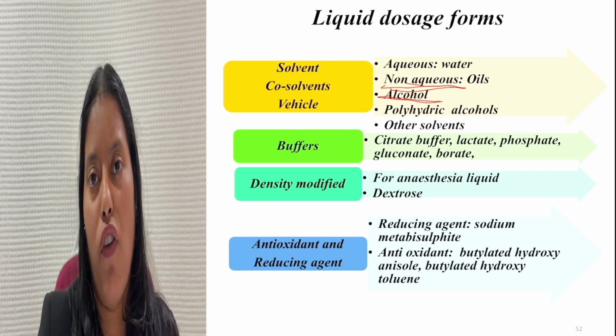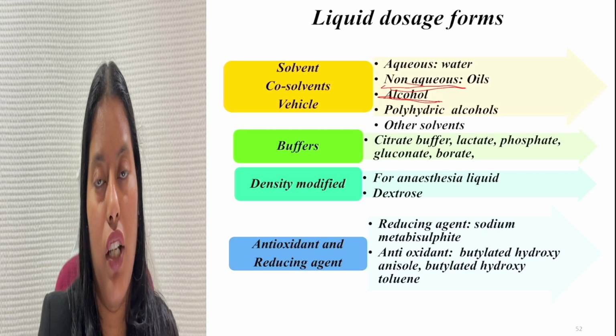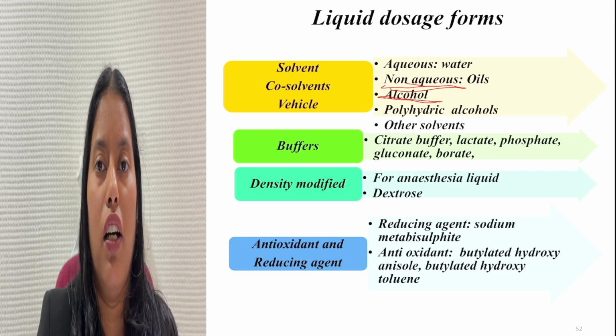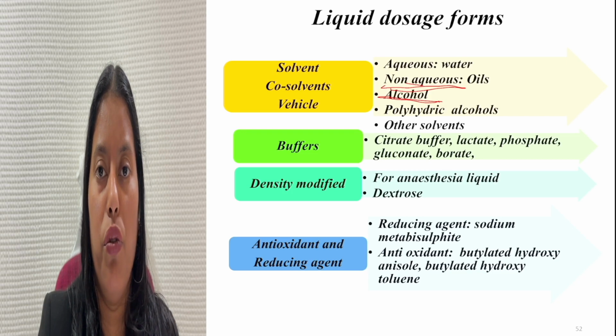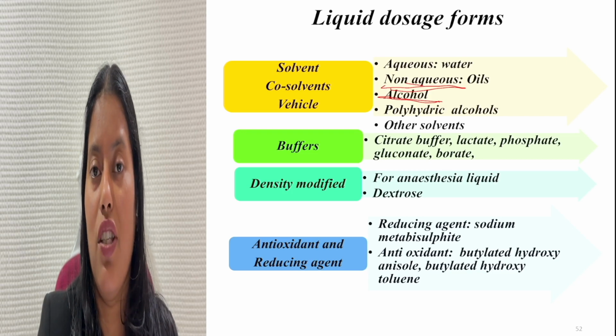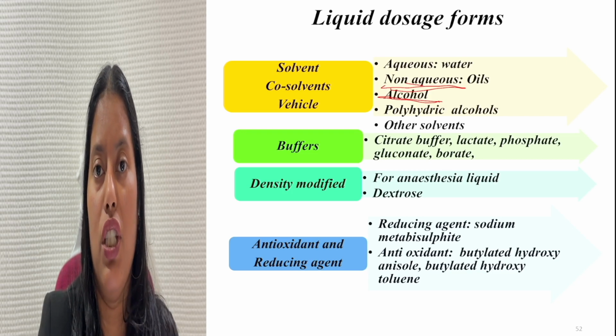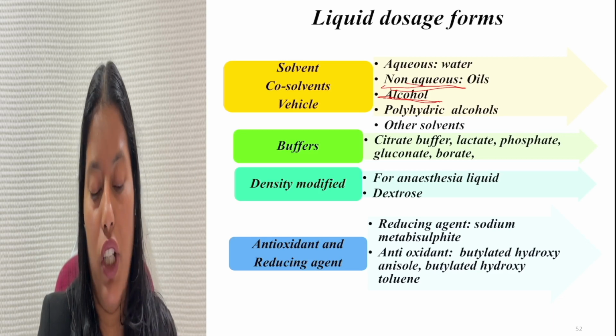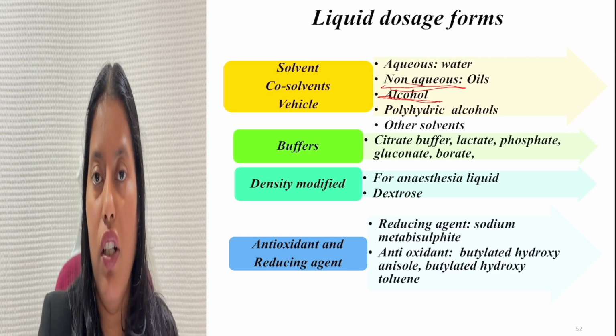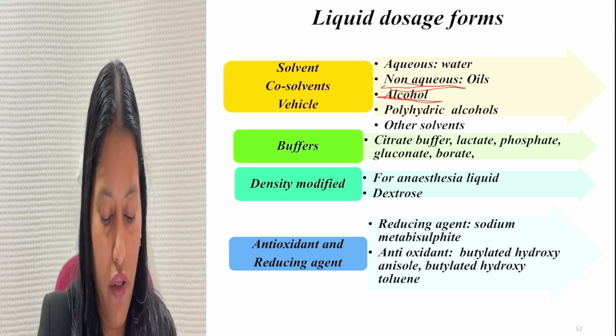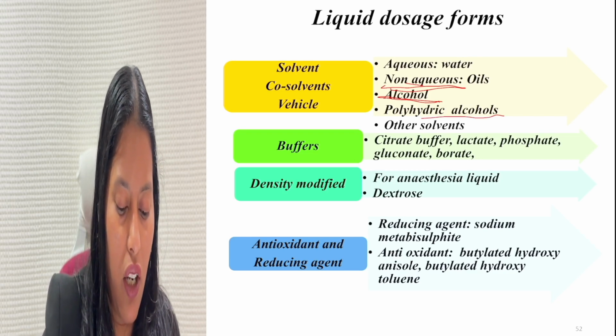So in various external formulations, the alcohols are used, and for the oral formulation, if you use the alcohols, you have to mention the percentage of alcohol which is utilized in the formulation. So ethanol is used as a solvent. Then polyhydric alcohols.